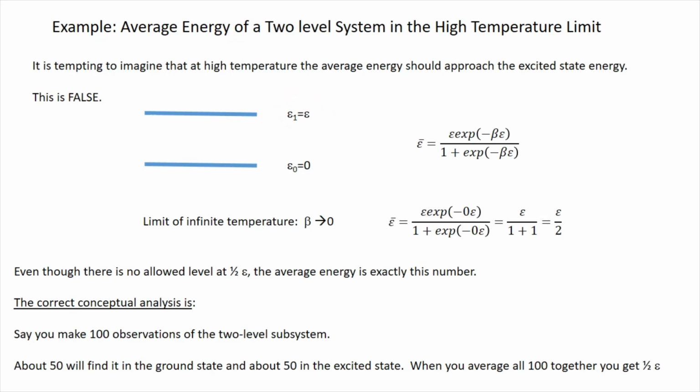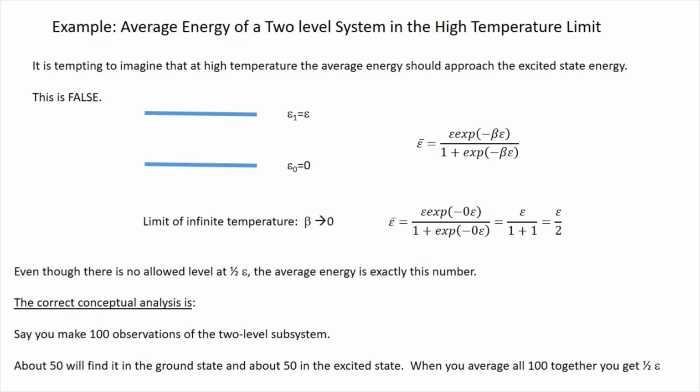So when you average all of those 100 measurements, you'll get that the average energy is about halfway between the two. It's really important that you're comfortable with this analysis, and especially important that you're not succumbing to the temptation of imagining that high temperature means highest possible energy.